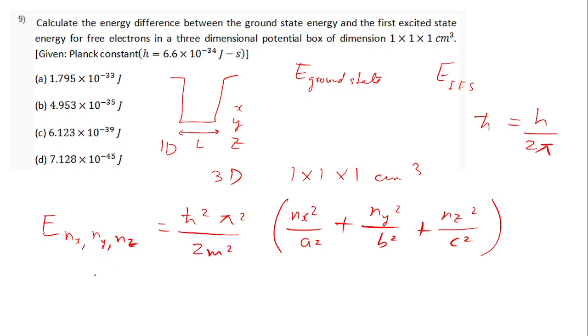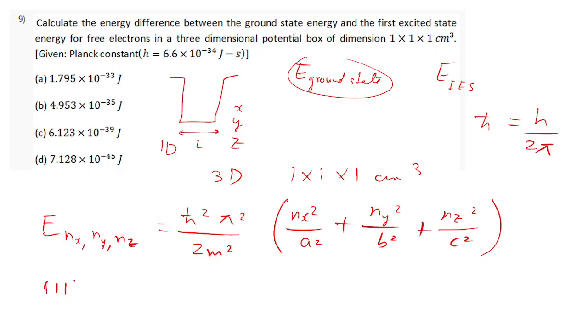So here the dimension is given as 1, 1, 1, which means a, b, c will be 1 square, 1 square, 1 square. We have to find out the energy of the ground state. Energy of the ground state will be when the particle is in the 1, 1, 1 state, meaning nx will be 1, ny will be 1, nz will be 1, because the minimum value of n can be 1. It cannot be 0. It cannot go negative.